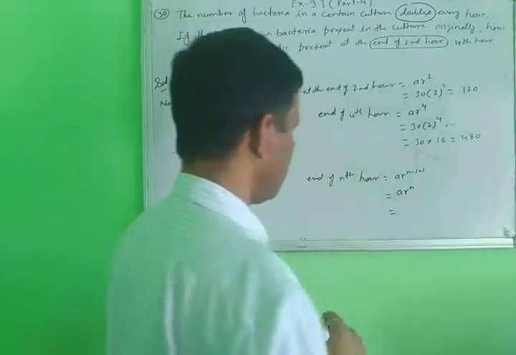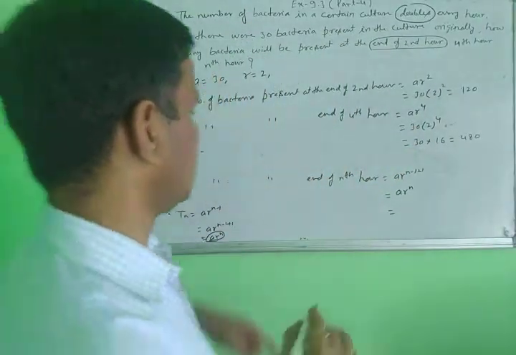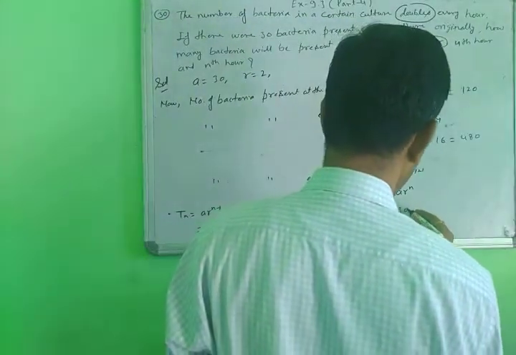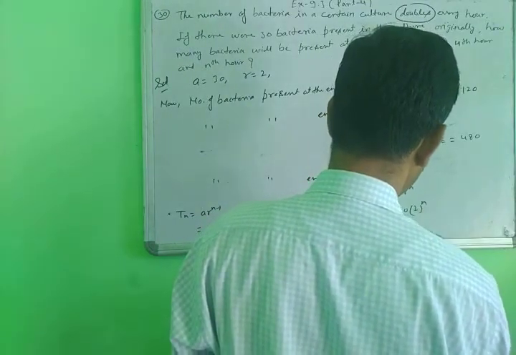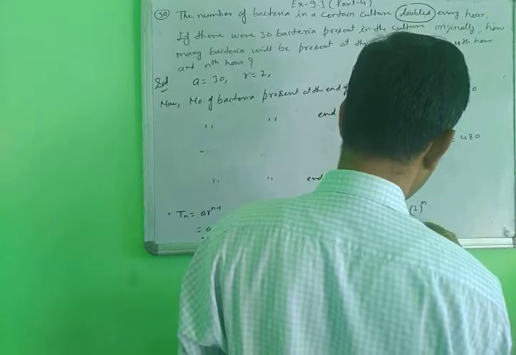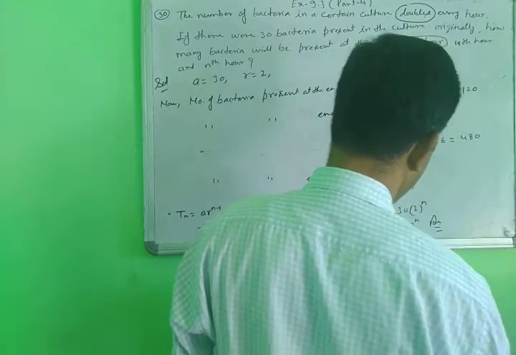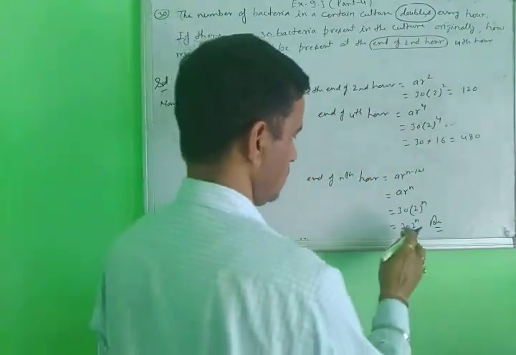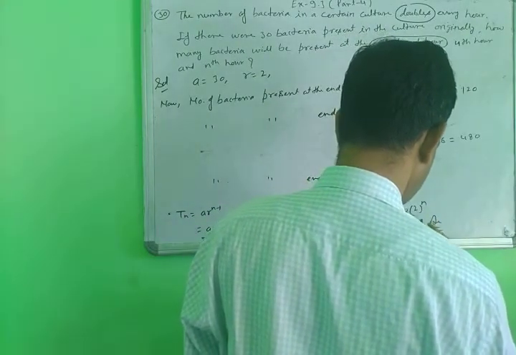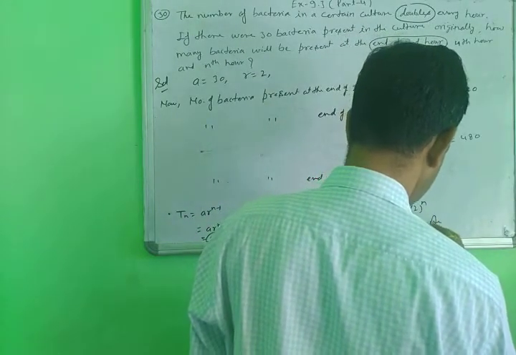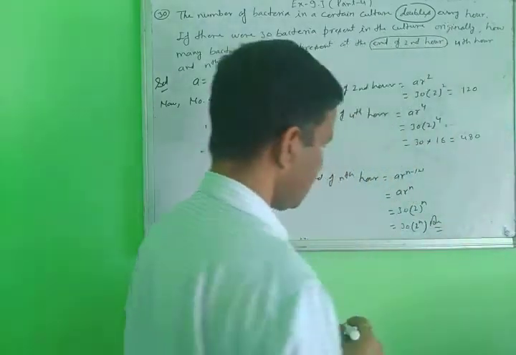Putting the value of A, which is 30, and the value of R, which is 2, that means 30 into 2 exponent n.